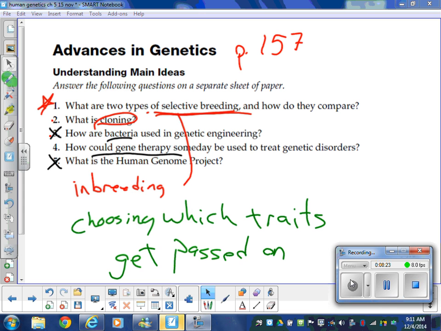Gene therapy would be what if somebody had a genetic disorder, if you could go in and fix it, like before the baby was born. Human Genome Project was a genetic mapping project, I believe in the 80s and 90s, mapping the human genome. So looking at all of those genes and all those chromosomes and saying which genes are on which chromosomes.